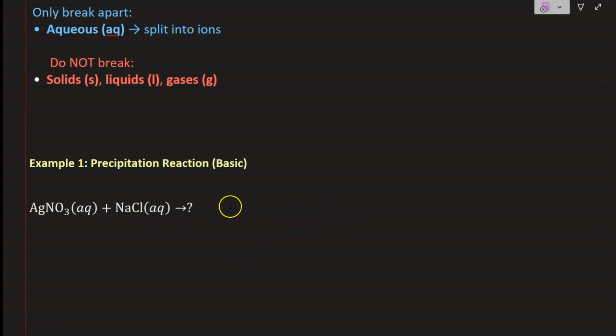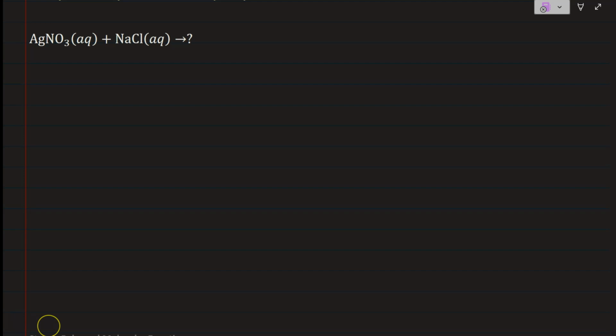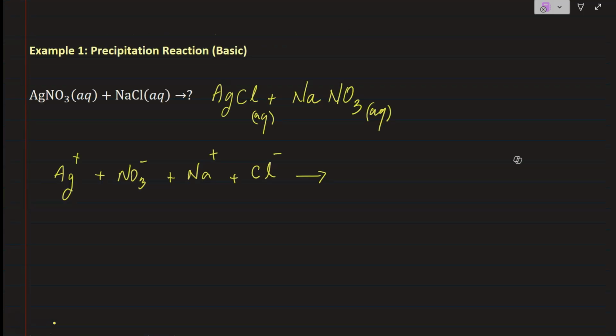So let's figure out what the product is here. This is easily a double replacement, so we can do that. So here it is. We get AgCl plus NaNO₃. In this case, just be aware that AgCl, silver chloride, is a solid.